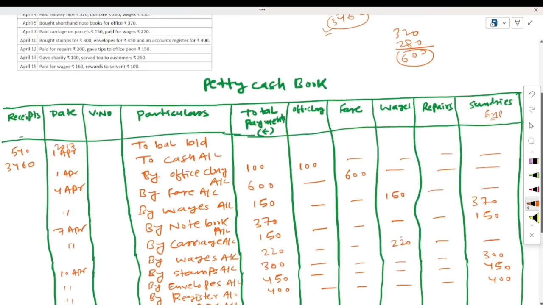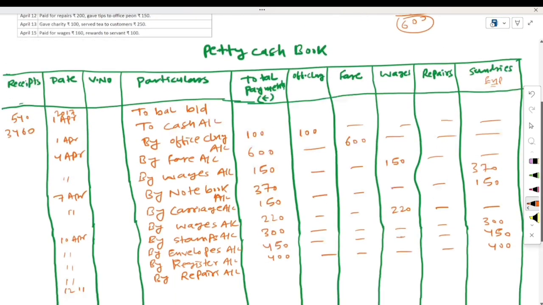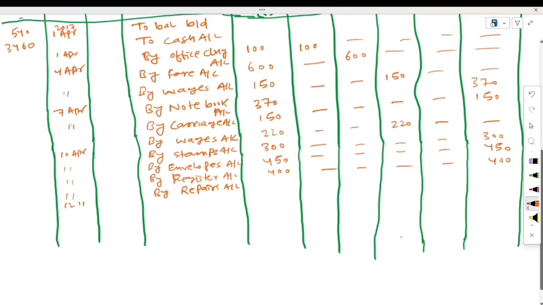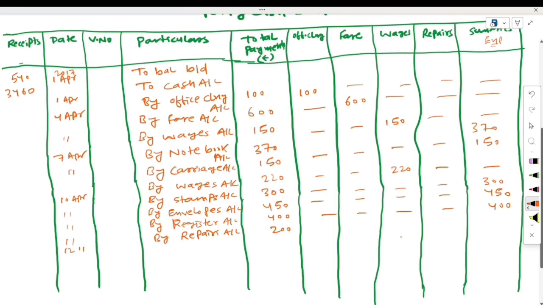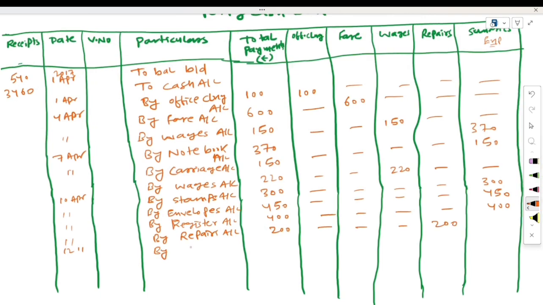How much is the repair amount? 200 and trip 150. 200 you will write in the repair column. By trip account, how much? 150. There is no column for the Pune trip. We will write 150 as it is.